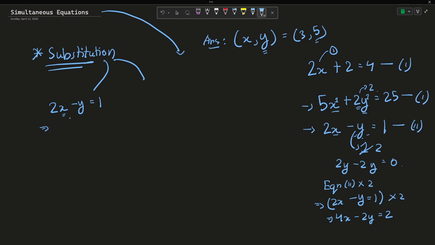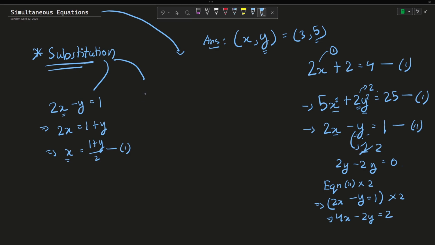Let's say I want to make x the subject, but there will be no problem if you make y the subject. So 2x is equal to 1 plus y, and then x is equal to (1 plus y) by 2. So I have made x the subject of the equation.